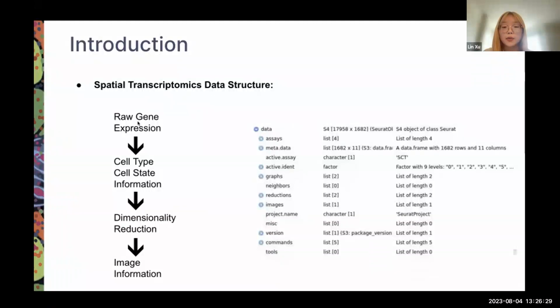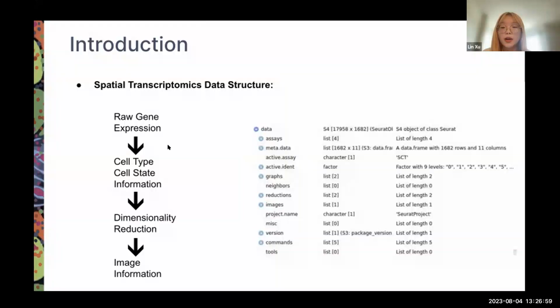So the first step is to obtain the raw gene expression data, which will represent the gene expression level for each gene in every cell or spot within this tissue section. And that will be stored in the assay component. After we obtain those data, the next step is getting each cell or spot with its corresponding cell type and cell state information, which will be stored in the metadata.